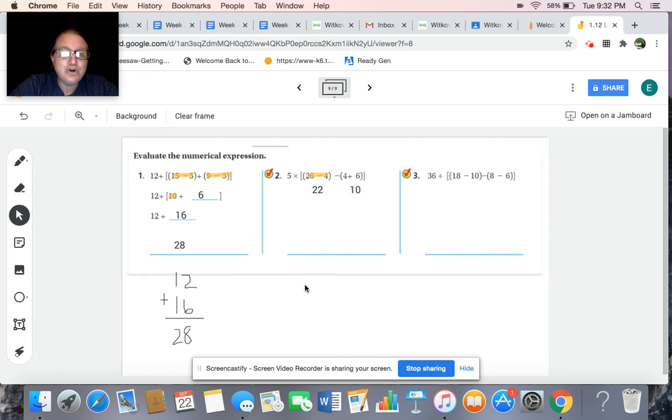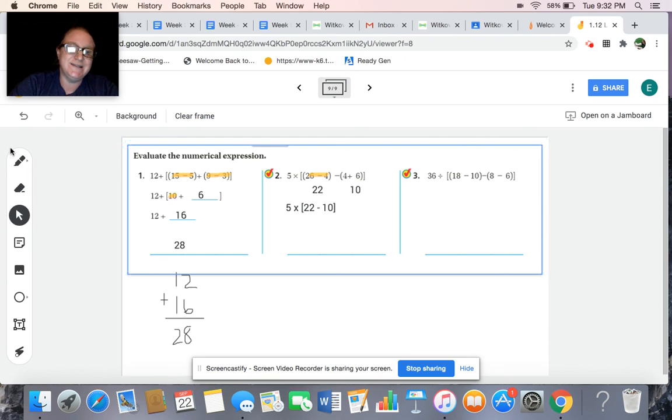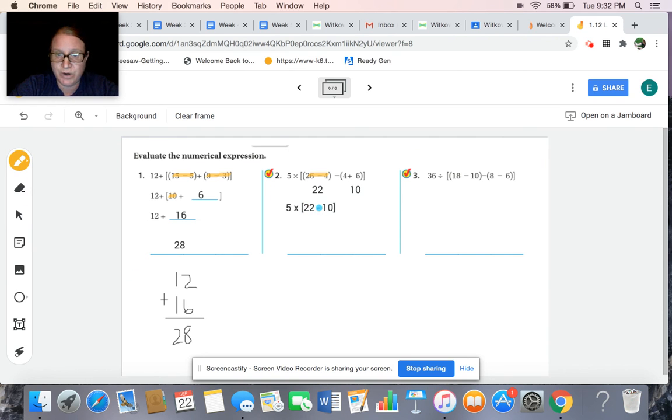So our new problem now is going to look like this. Let me carefully type it out. We have 5 times bracket 22, and then this minus sign, minus, and then our answer here was 10, bracket. Now we can do what's inside the brackets, and it's 22 minus 10. 22 minus 10 is 12.